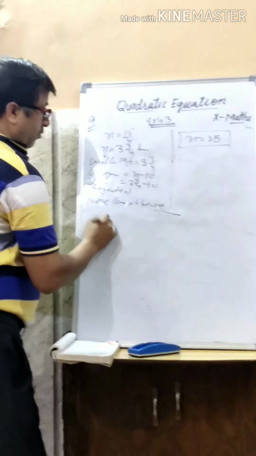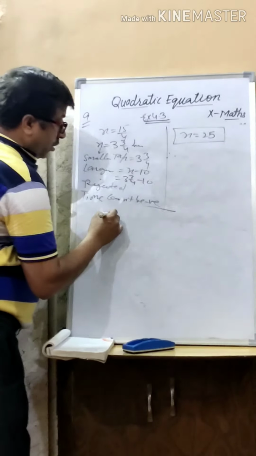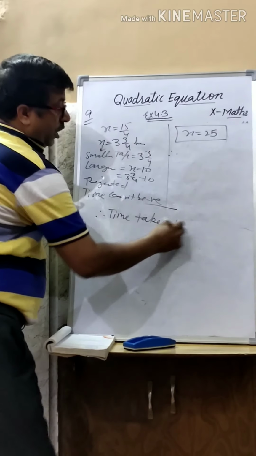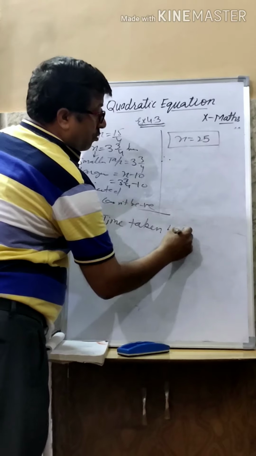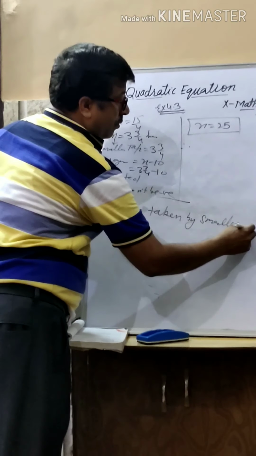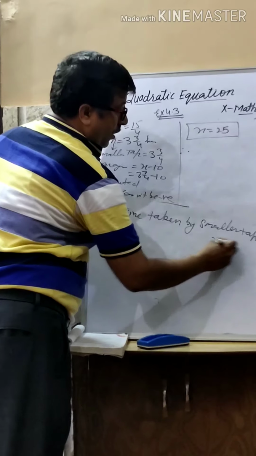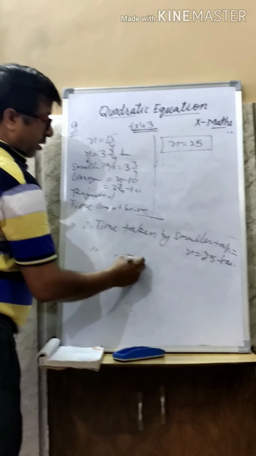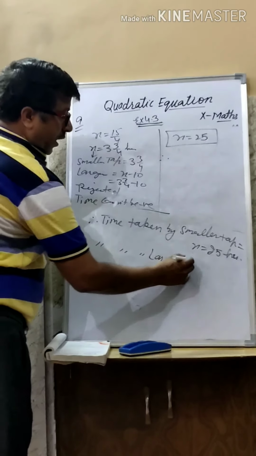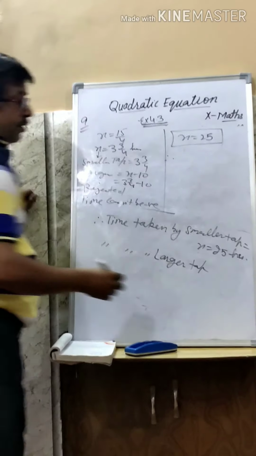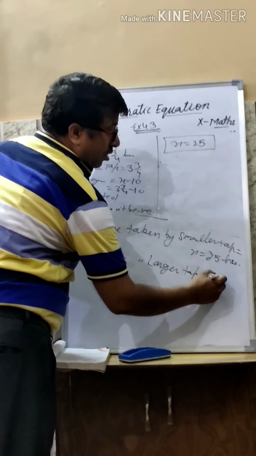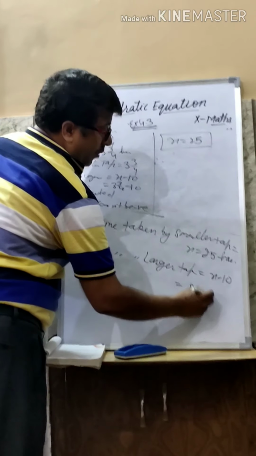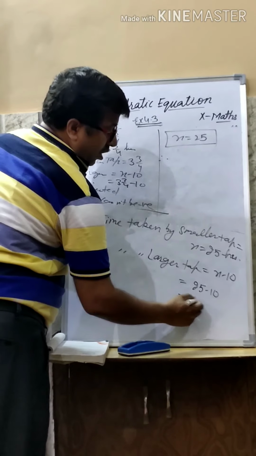Clear this? So therefore write the answer in proper form. Therefore the time taken by the smaller tap is equal to x, that is 25 hours, and the time taken by the larger tap, meaning larger in diameter, is x minus 10 hours, so that is 25 minus 10, that is 15 hours.